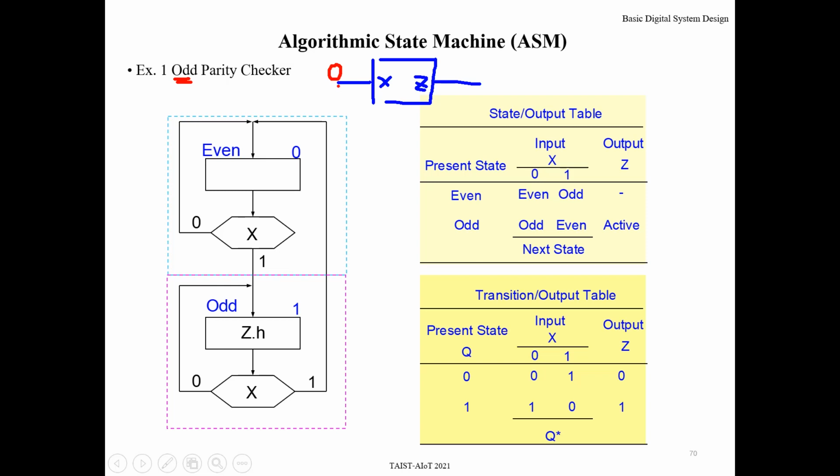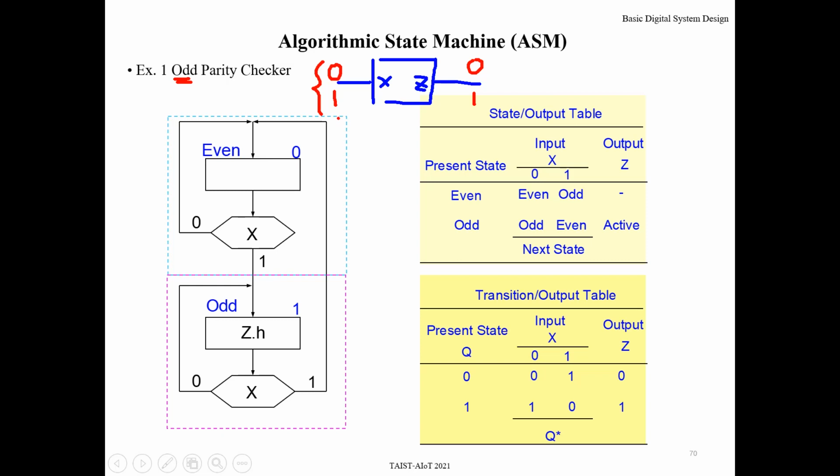The first input is 0. The number of logic 1 inputs is 0, so it's not odd, and output is 0. If the next input is 1, the total number of 1s is odd, so output is 1.